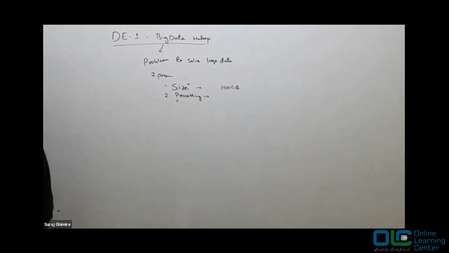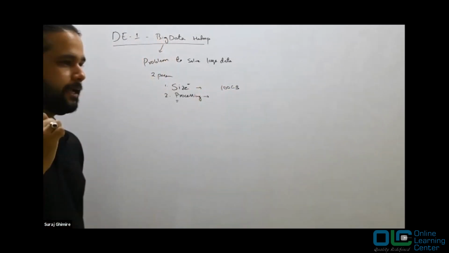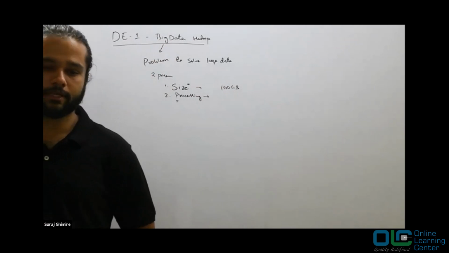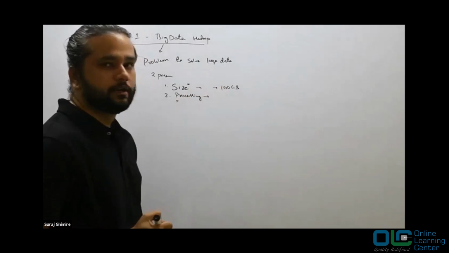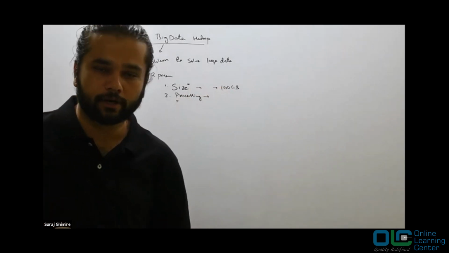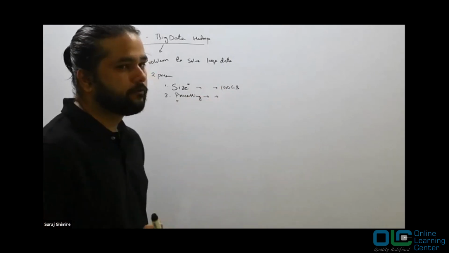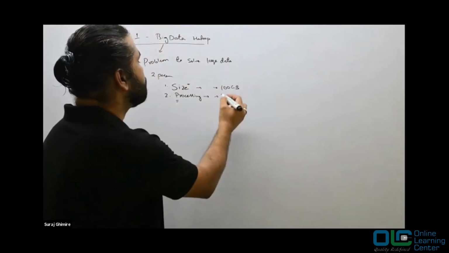First question: can I store this 100 GB of data on a single machine? Yes. If yes, will you call it big data? Not really. Next, how much time will it take to process this 100 GB of data? Let's say 10 hours.